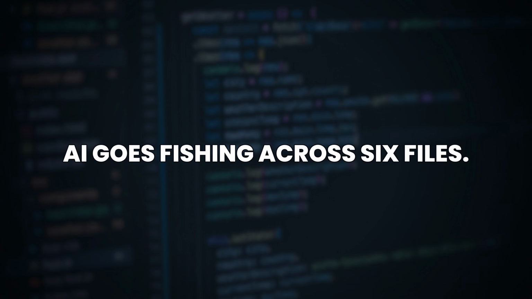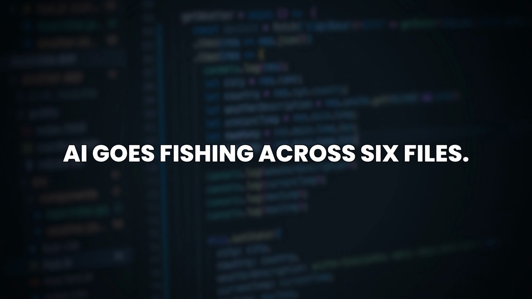And here's why. An AI model can only reason well about the code it can actually see. So whatever fits in the context, whatever you hand it, whatever it can find by searching your files, that's its whole world for the task. Now think about what happens in a layered code base.